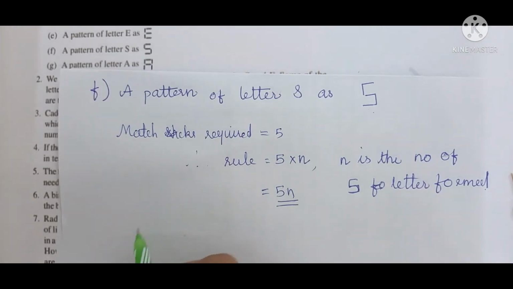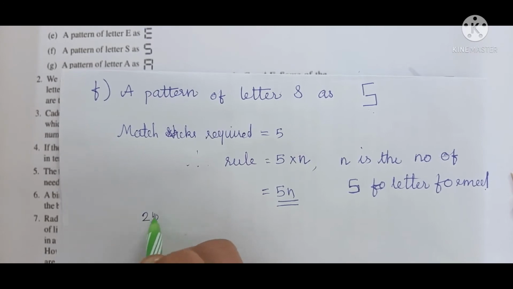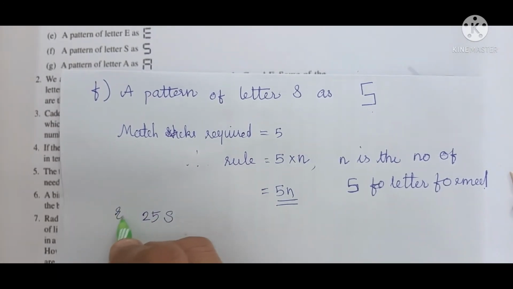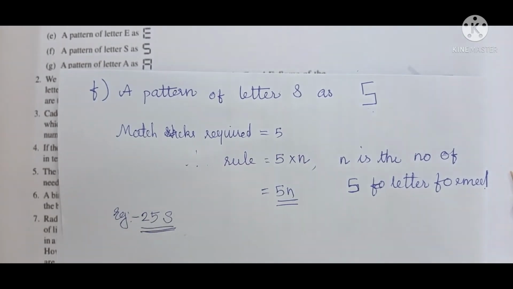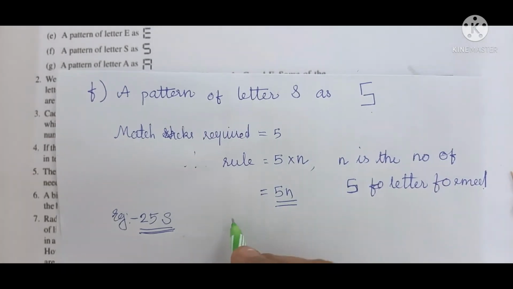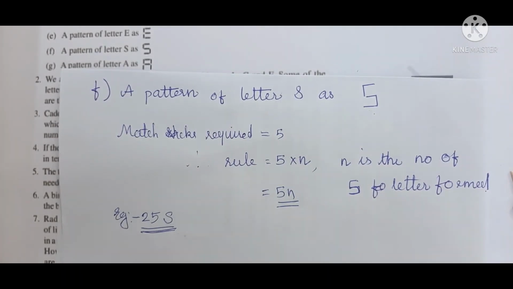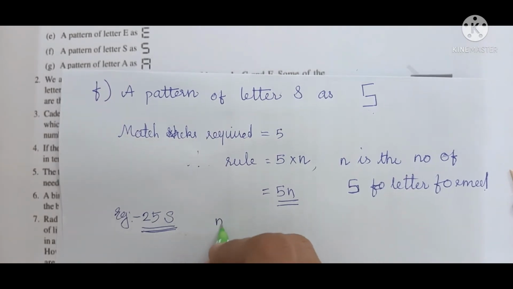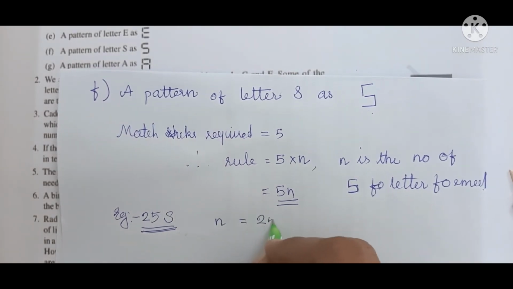So I will give one example. Say we have to make 25 S. So how many matchsticks do we need? Here we have to make 25 S, so n is equal to 25.